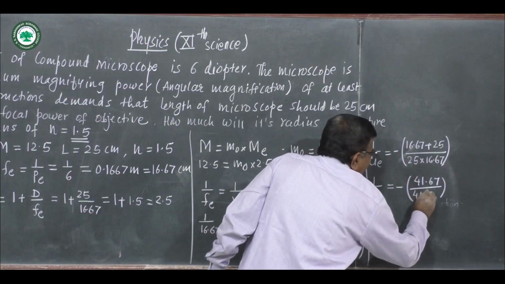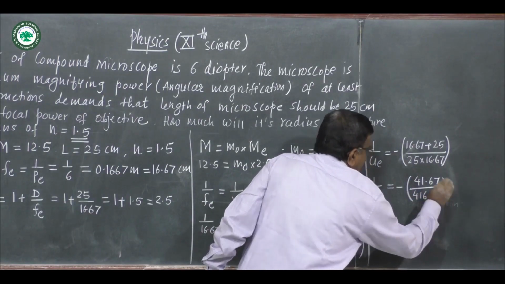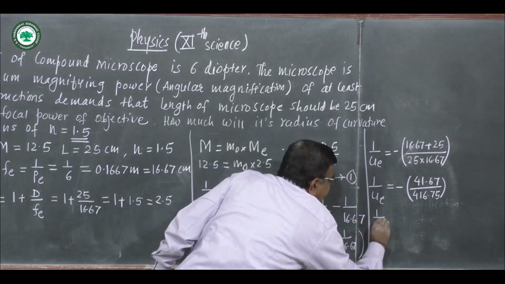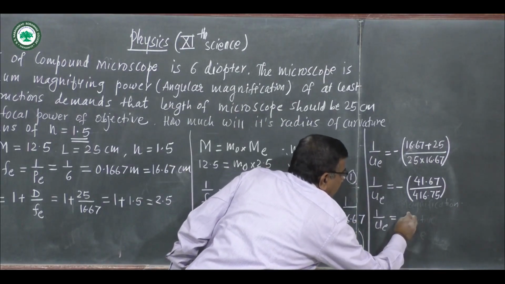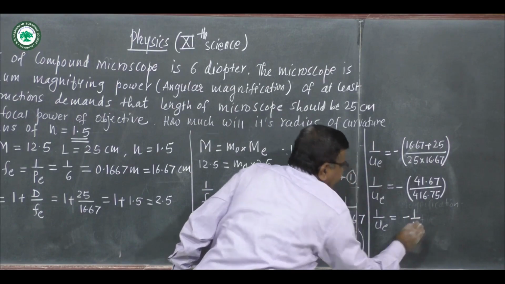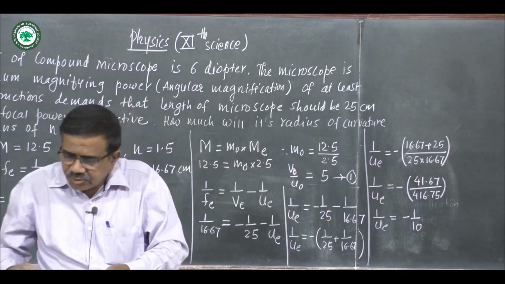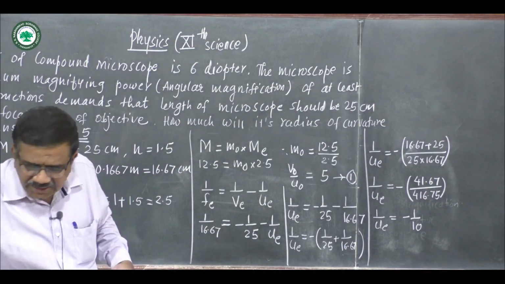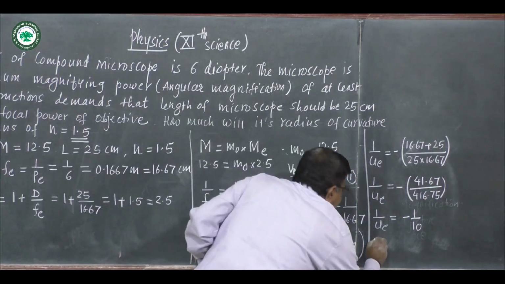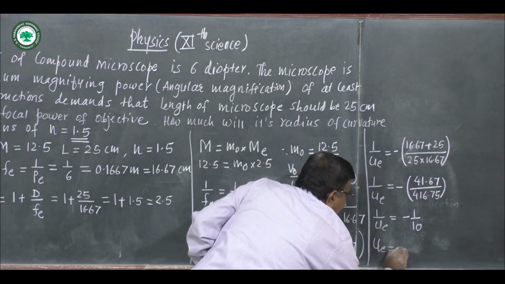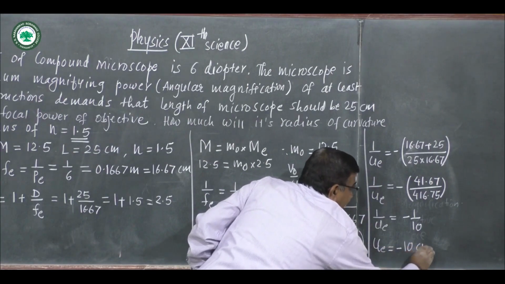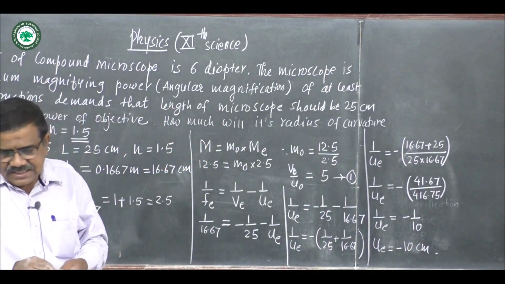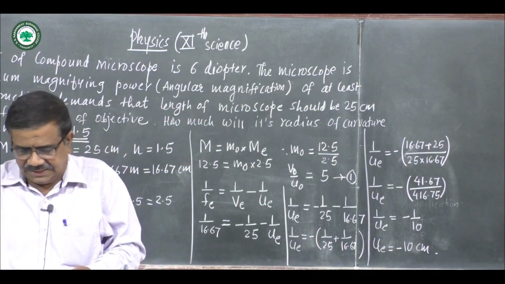By solving, this 1 upon UE is equal to minus 1 by 10, and hence UE is minus 10 centimeter. We get the object distance for the eyepiece as minus 10 centimeter.